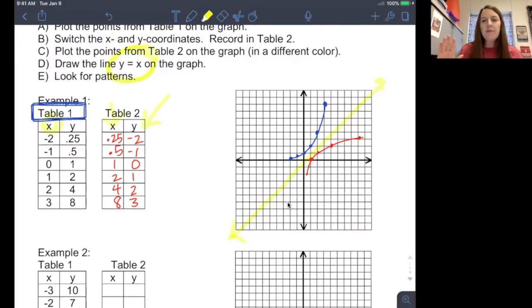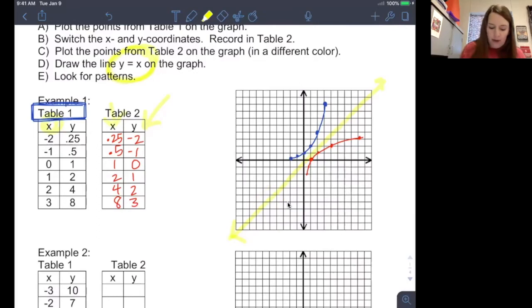So we just reflected the whole entire table. Notice we didn't change any of the signs. All of the signs are still the same. So for example, 0.25 was positive in the y column of the original table. It's still positive in the x column of the new table. So your inverse table just took both columns of values and switched them. So y is now your x and x is now your y.